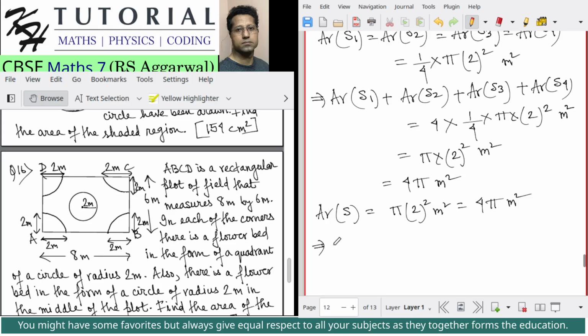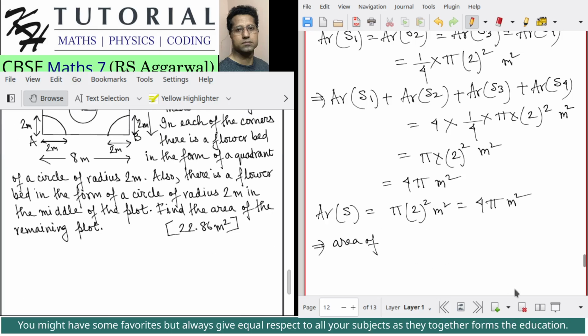So this implies, the question was to find the area of the remaining plot.